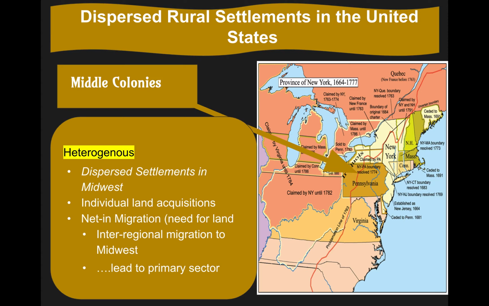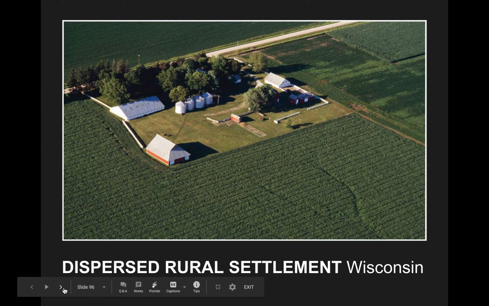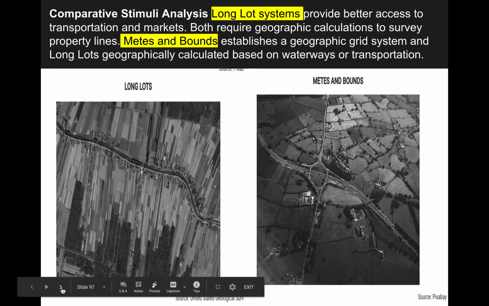And when population became too clustered, then they would interregionally migrate to the Midwest. And they would set up cities, individual cities along the way based on individual land acquisitions. And here again you can see these dispersed rural settlements.